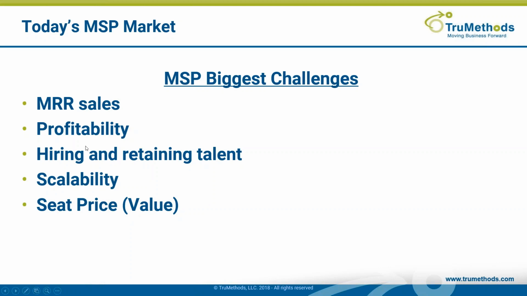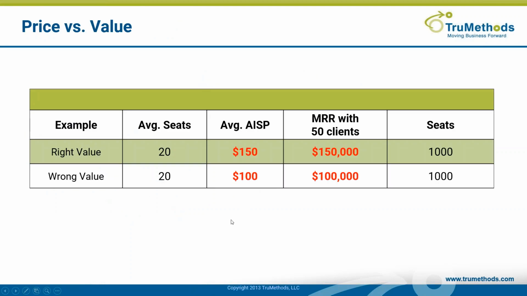And so that's kind of where I wanted to start today, to talk about this idea of a value based MSP. And if you look at MSPs today in any market, you'll find both the right value and wrong valued MSPs. And so here's an example of two MSPs that both have 1,000 seats under management.